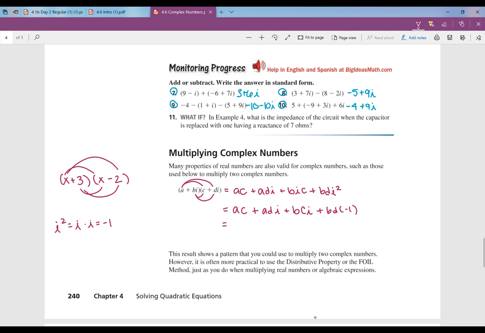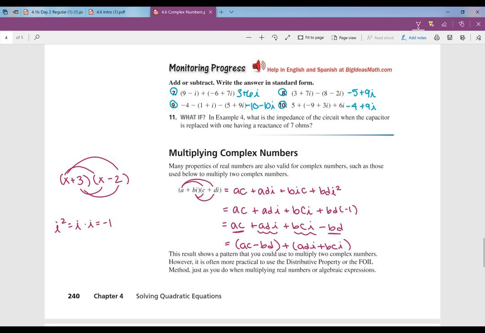So what we really have is AC plus ADI plus BCI minus BD. If we put those together, we have our real numbers, AC minus BD, and then our imaginary parts, ADI plus BCI.